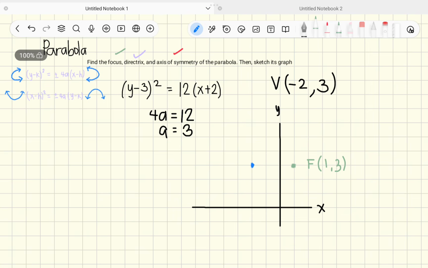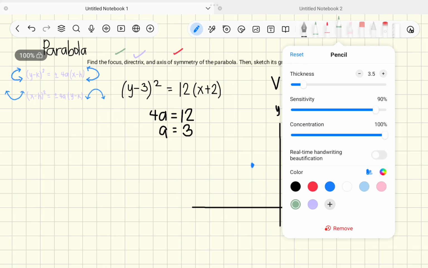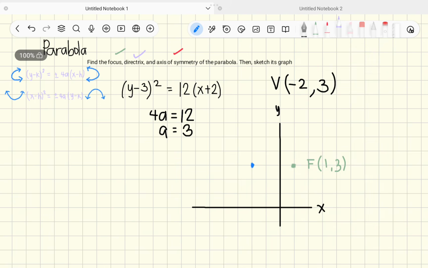And then your directrix will go to the other side. So from the vertex, 3 units. 1, 2, 3. So your directrix will be here. Will pass through here. Okay.